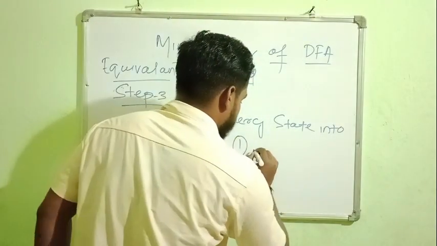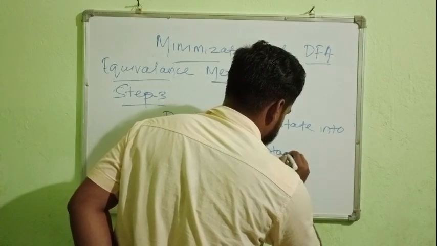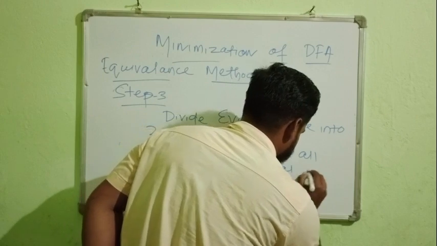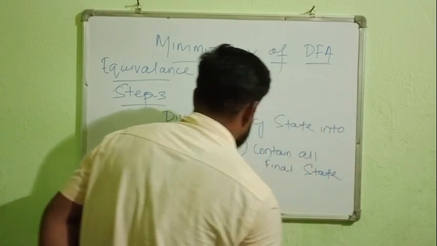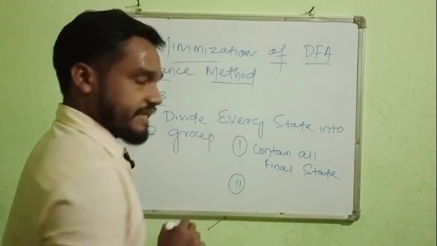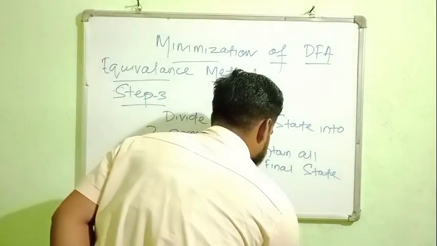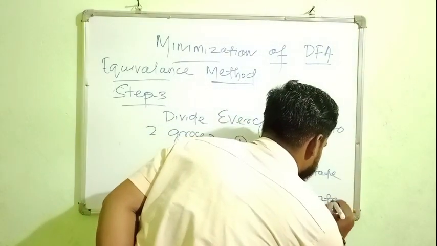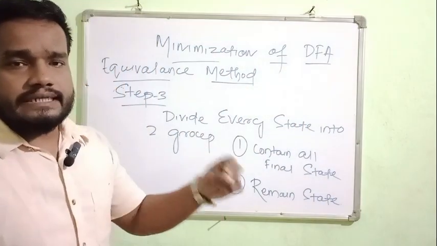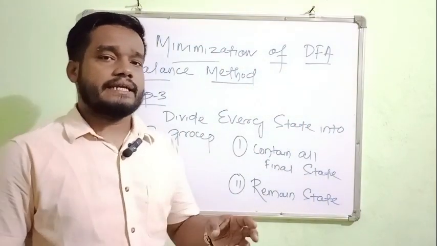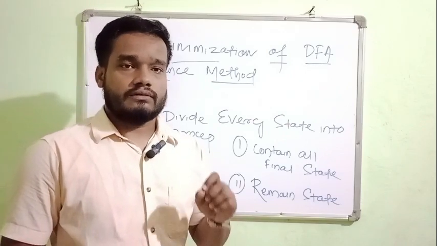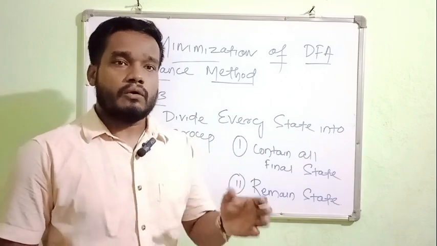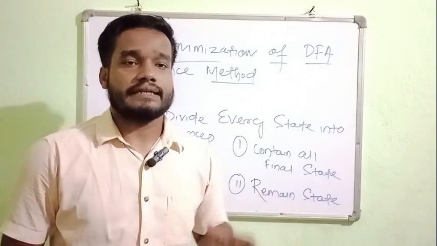The first group contains all final states. The second group contains the remaining states. So step number 3 describes that we have to divide all states into two groups: one containing all the final states and the second containing all the remaining states besides the final states.